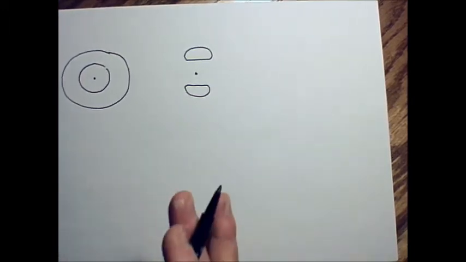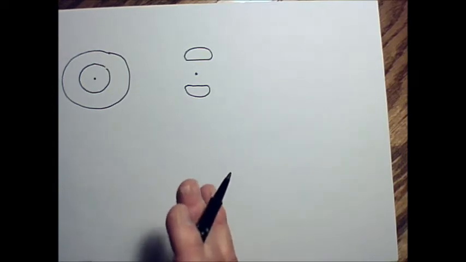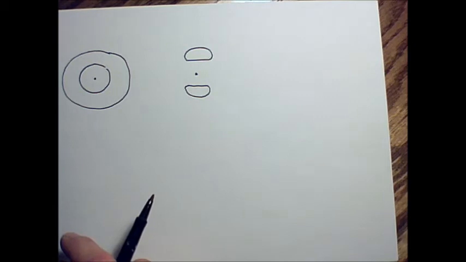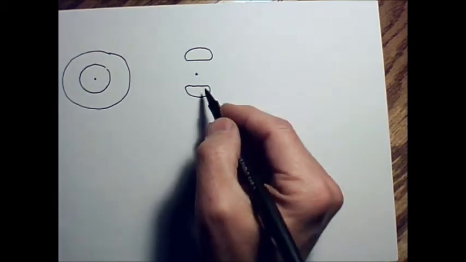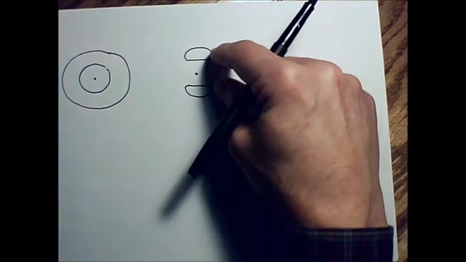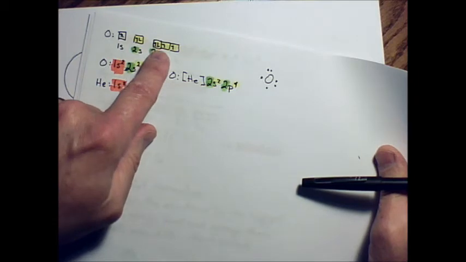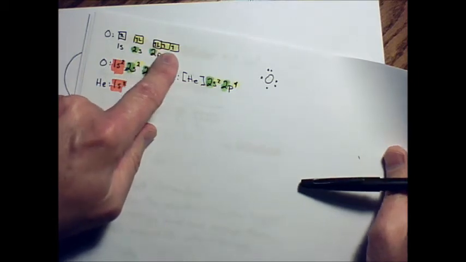The p sublevels have p orbitals, and p orbitals look like 2 mushroom heads. That's one pair of mushroom heads that makes up a p orbital. How many p orbitals do you have in a primary level? How many? 3. 1, 2, 3.